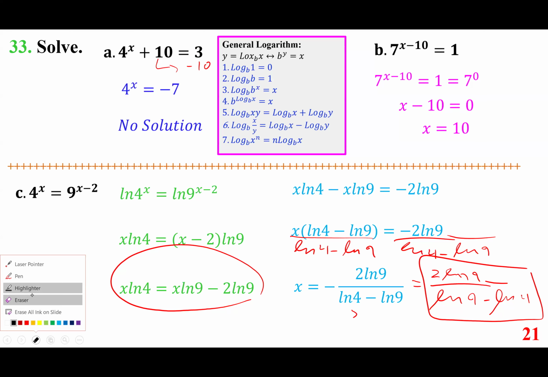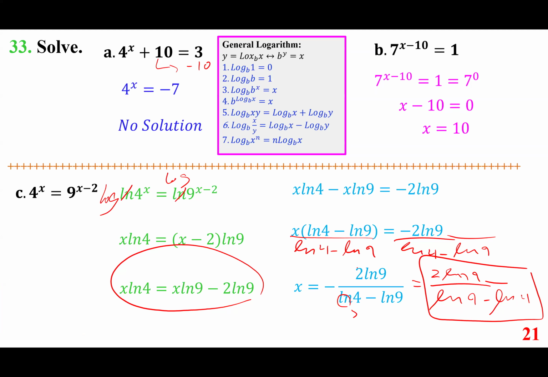If you apply this negative to the numerator, you get minus 2 ln 9. If you apply it to the denominator, you get minus ln 4 plus ln 9, so plus ln 9 minus ln 4. So they all mean the same thing. Also, if in the beginning, instead of natural log, we used log, that means common log, this would be a common log, this would be a common log, this would be a common log, and that's important for everybody to understand, okay?